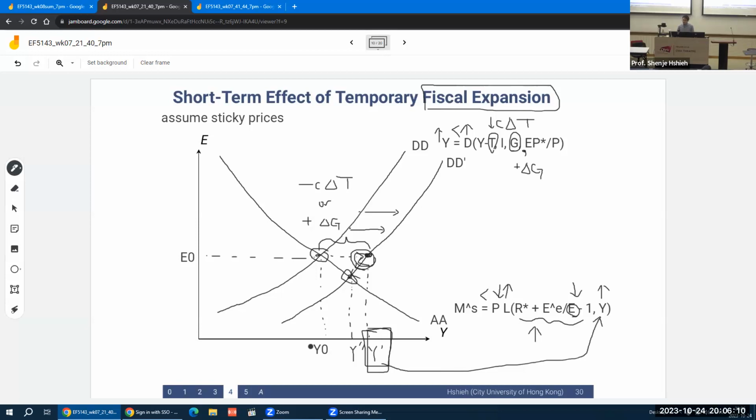So Hong Kong has actually very good effectiveness of fiscal policy, precisely because they have to peg their currency to some value. And that means AA has to change, and AA changes, they could actually have a full realization of their output effect as a result, because their E has to stay the same. But in this case, E is lower, right? It's at a much more appreciated value than before, right?